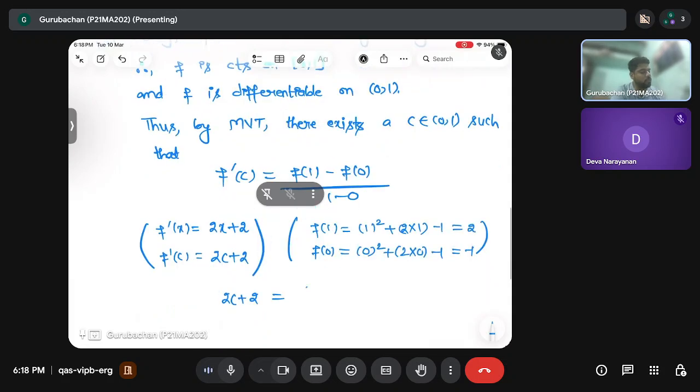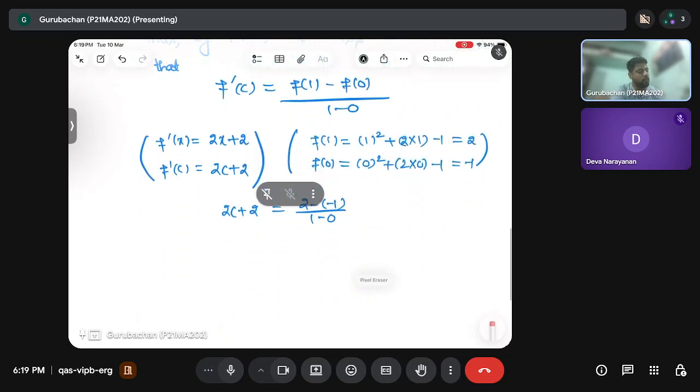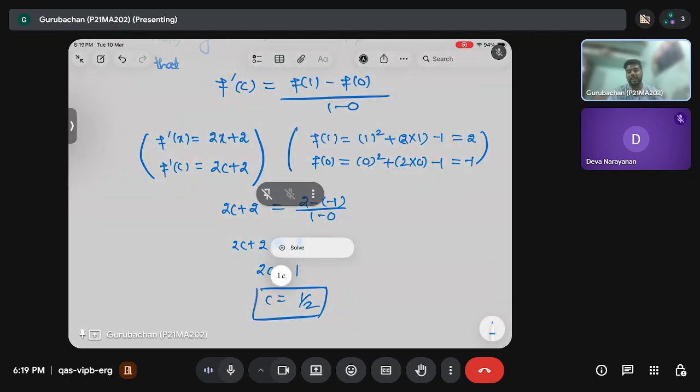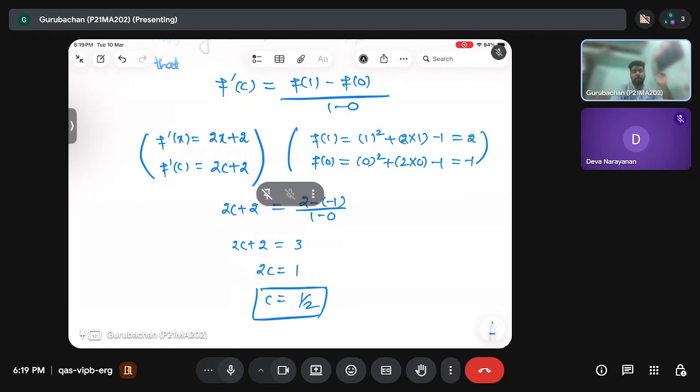So this will be 2 minus minus 1 divided by 1 minus 0, which will be 3. So 2c plus 2 is equal to 3, 2c will be 1 and c will be half. So this is the value of c in the first case.